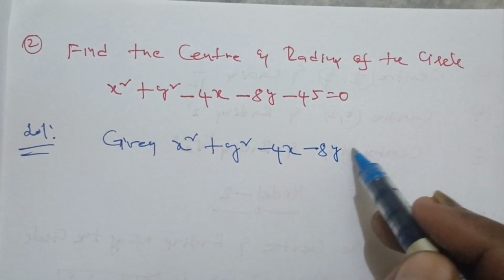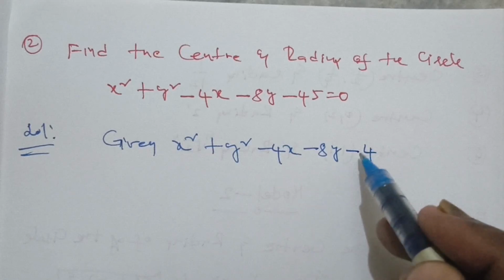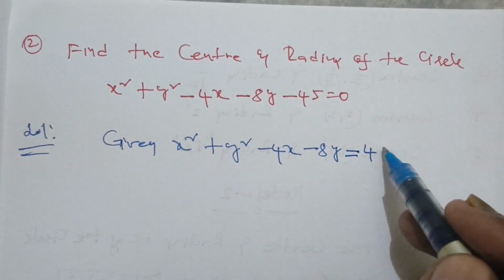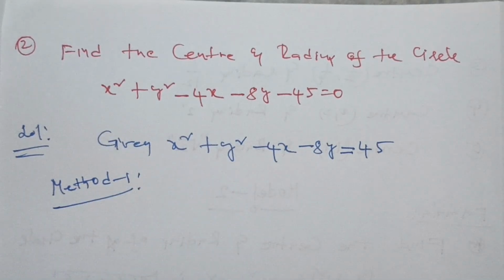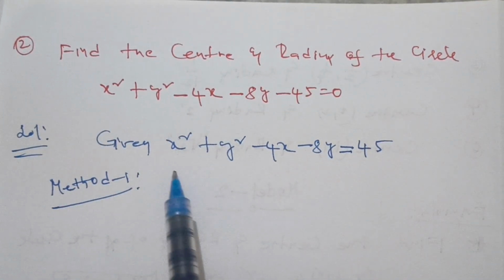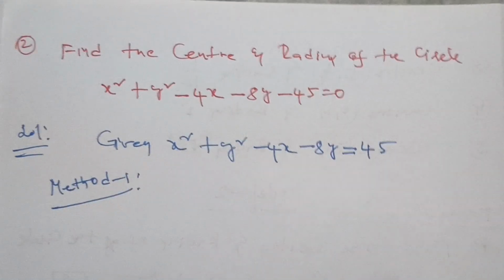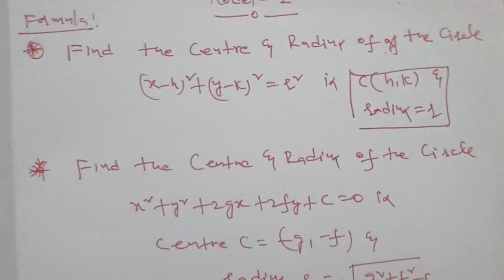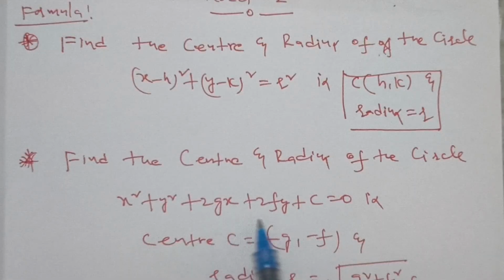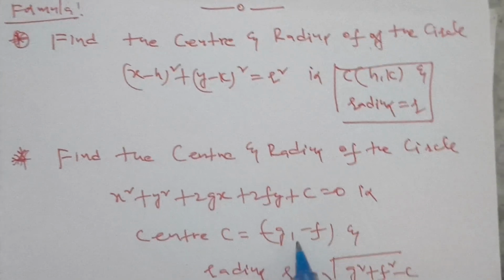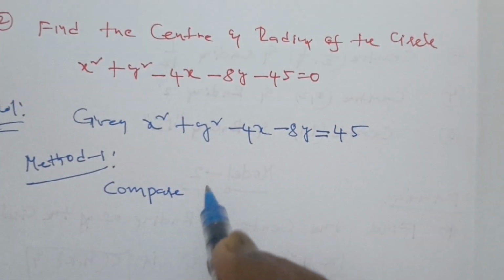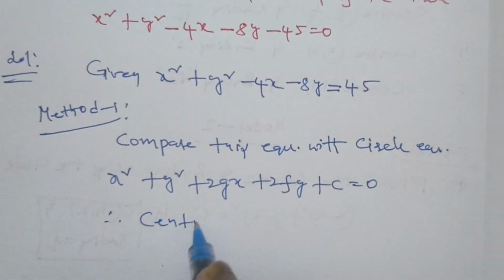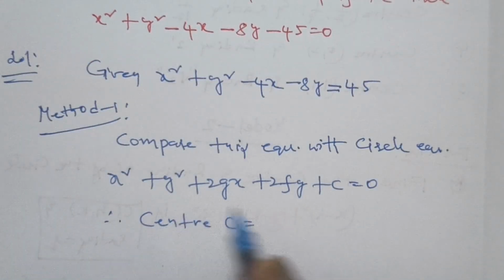The first step in the solution: the given circle equation is x square plus y square minus 4x minus 8y is equal to 45. To find the center and radius of this circle equation, we have two methods: by using the formula method, and by using the completing the square of x and y method.